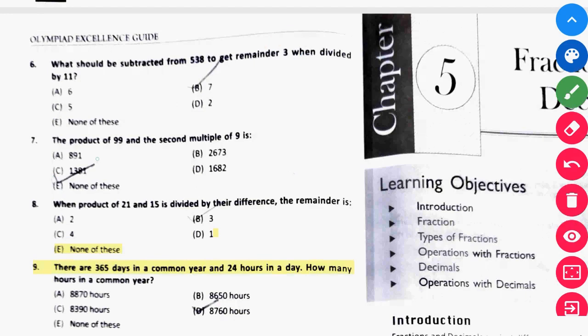Now the next one. Product of 99 and the second multiple of 9. Now see, product of 99 and who is the second multiple of 9? 9 2s are 18.